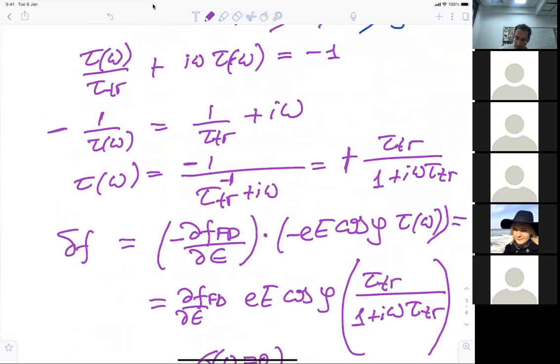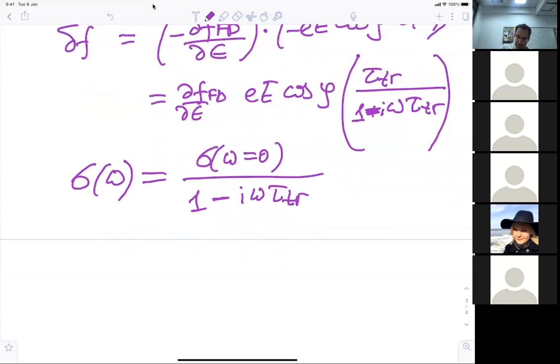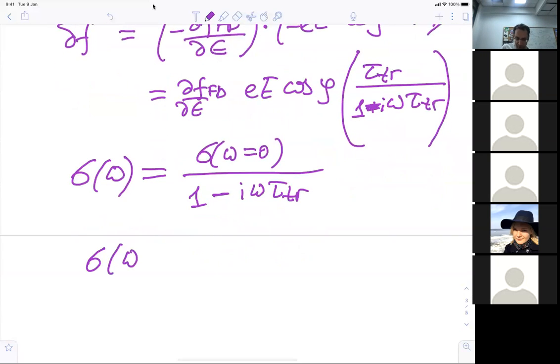Okay, I spotted one more mistake, it should be minus here. Sorry. Where sigma at omega equals 0 is just the Drude conductivity, equal to E square times density of states times V Fermi square times tau transport.